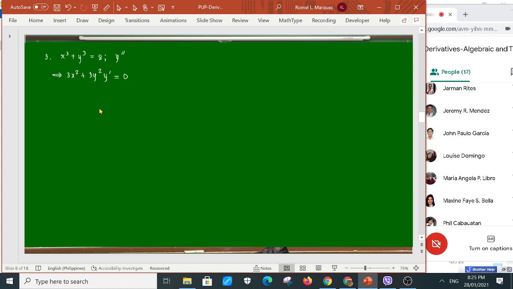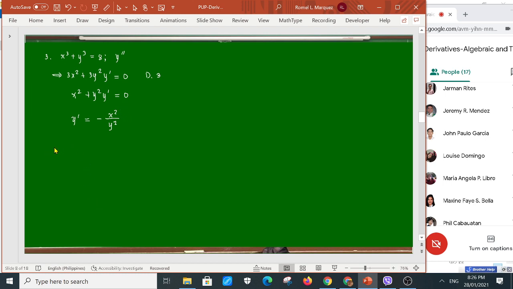No? Derivative of 8 is 0. Okay, guys? Divide by 3. So, we have x squared plus y squared y prime equals 0. Solving for y prime, that is equal to negative x squared over y squared. Am I correct, children? That is just the first derivative.